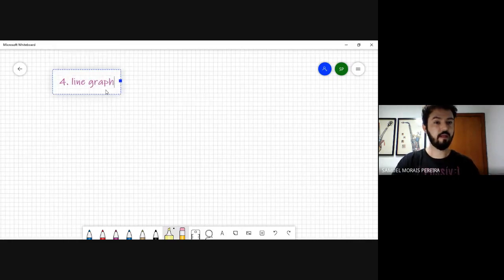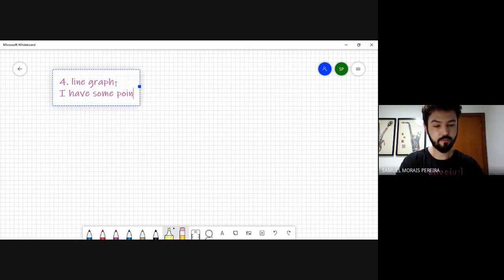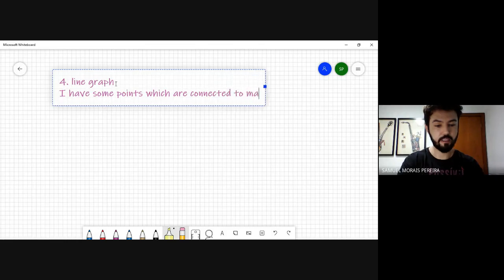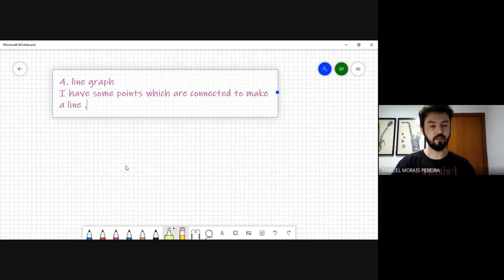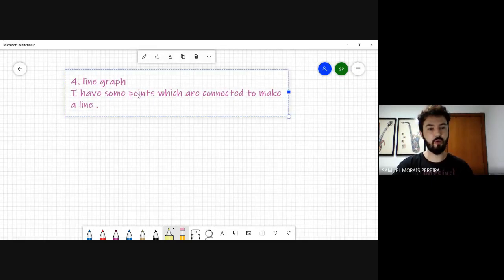But how is that line formed? So I have here some points, okay? Some points, which are connected to make a line or more than one line. I just want you to understand that I have points which are connected, okay?